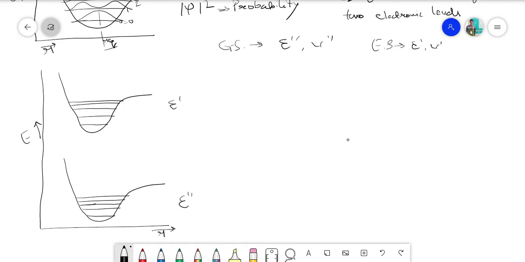So the molecule in the ground vibrational state is at the equilibrium distance, because if you look at the wave function, it has a maximum probability. So that means it is present here. So the transition that is going to occur is a transition.